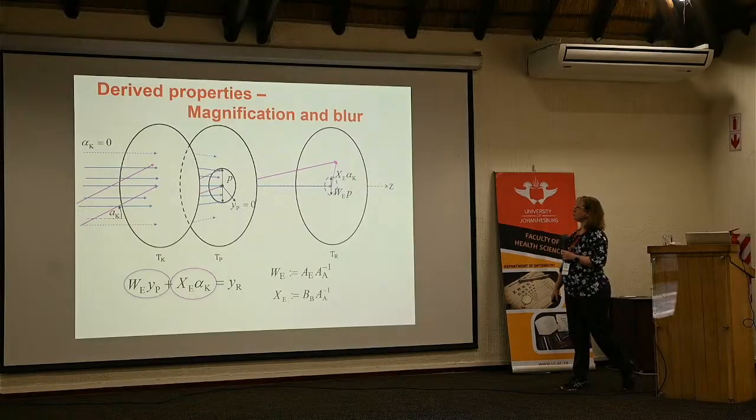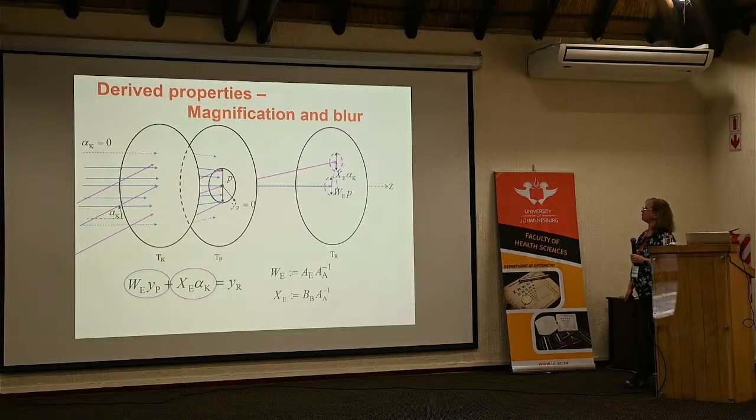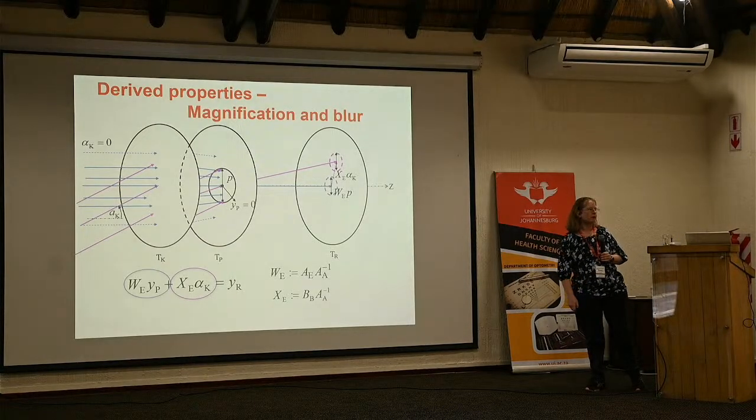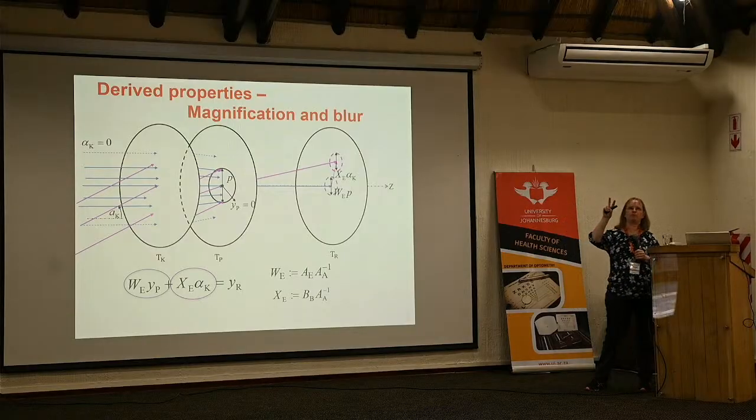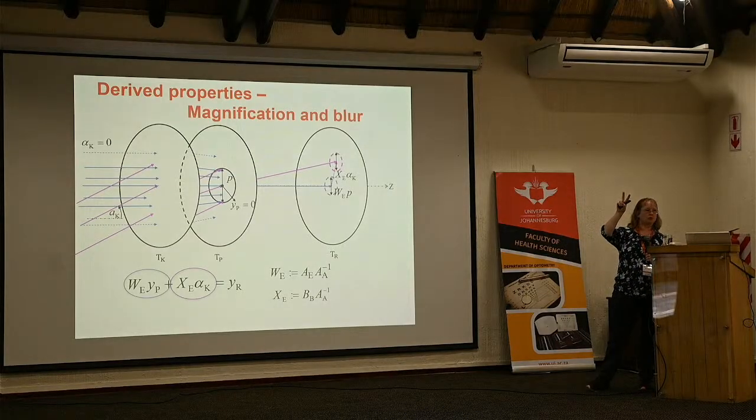And if we send a few more rays in, we've got another blur patch up there, and we can then see whether those two blur patches are overlapping or not, and whether two point objects, maybe two stars, are visible as separate, or if they're just a blurred blob.